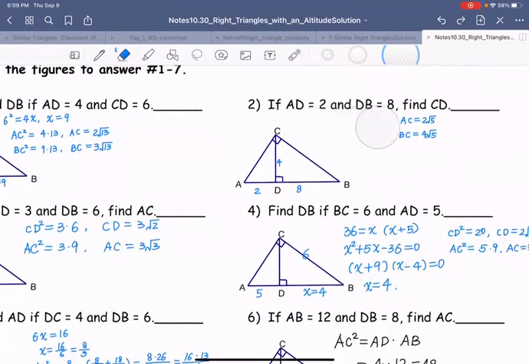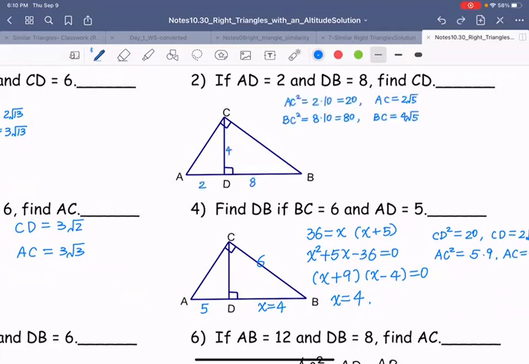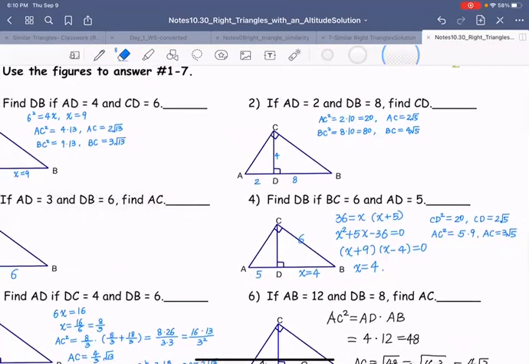Now let's do number 2. Valeria, go ahead. So CD squared equals 2 times 8. So CD squared equals 16. So CD equals 4. That's right. Okay. Let's do the next one.